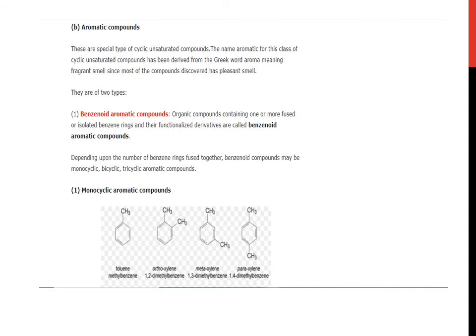Ortho xylene means at the ortho position a CH3 group is located. Meta xylene, at the meta position a CH3 group is located. And para xylene, at the para position. Para means just opposite, ortho means adjacent, and meta means one position after the adjacent.